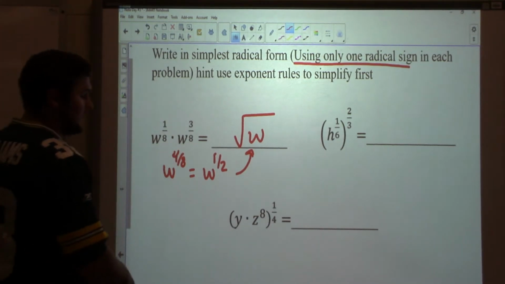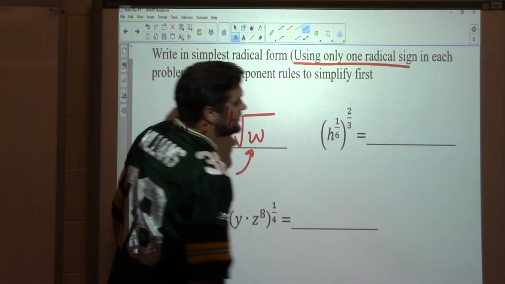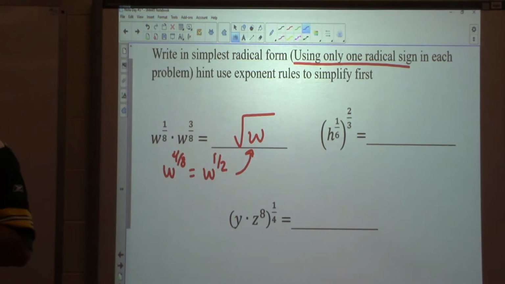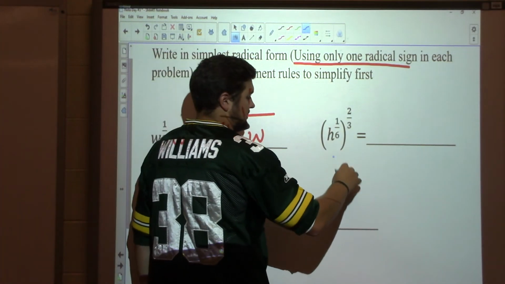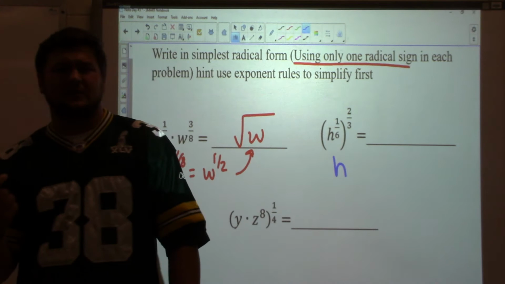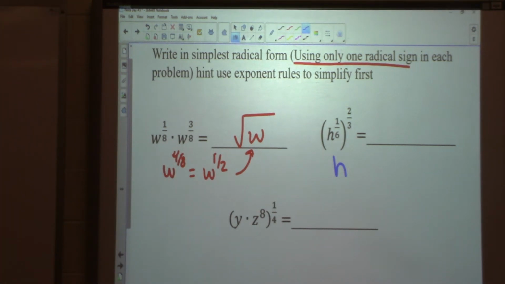The second one here, h to the 1/6 raised to the 2/3 power. Now we have a power to a power. What do we do when we have a power to a power? We multiply them, right? 1/6 times 2/3. Hey, guys, how do we multiply fractions? We're not making them the same.